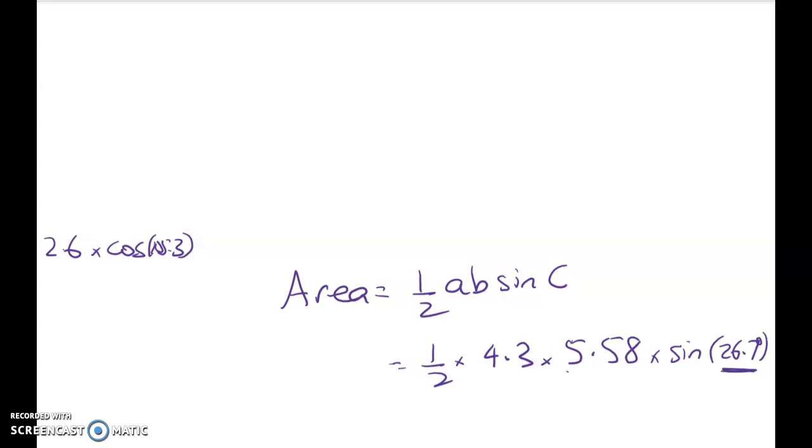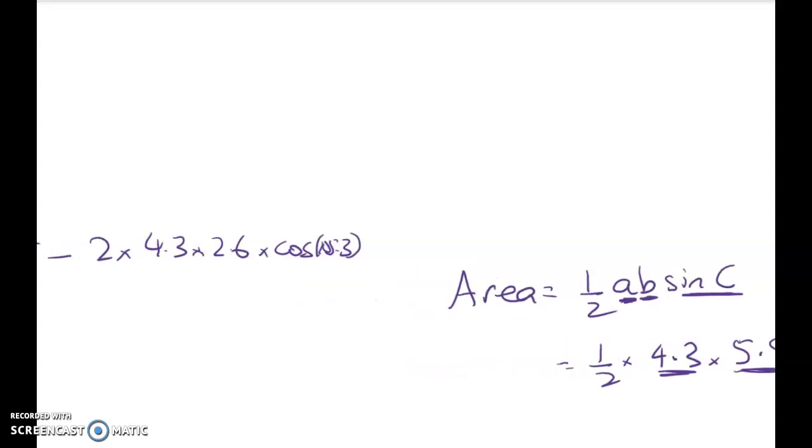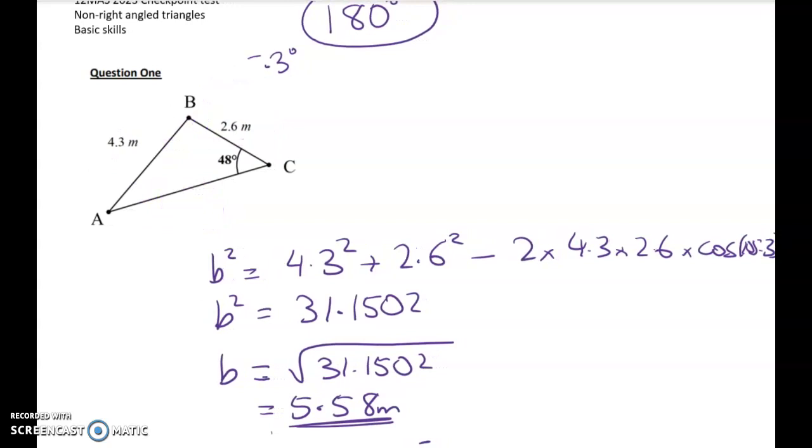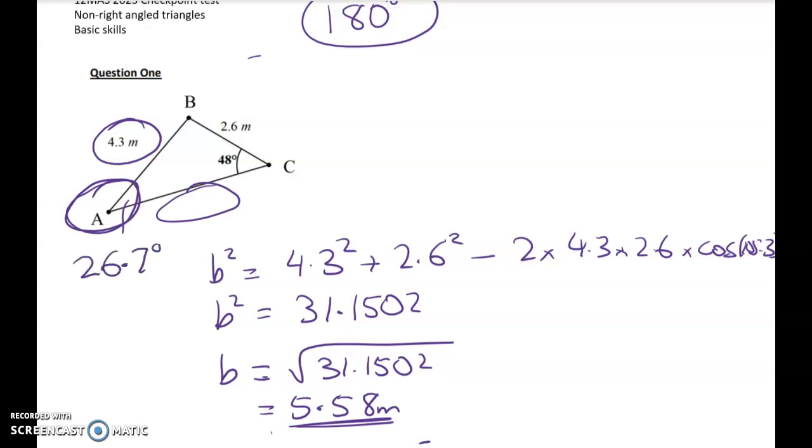So let's go back to see where each of these numbers are, because we have to be careful that we're using the hugger arms, the A and the B sides, with the angle in between. Okay, so on here, to find the area of that triangle, I'm using this side, and this angle in here, right? This one in here was 26.7 degrees. So that's good, and that works fine.